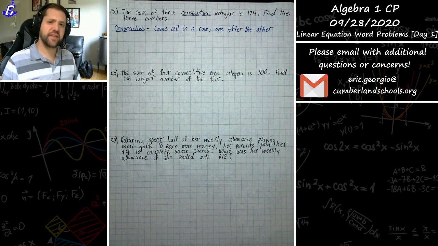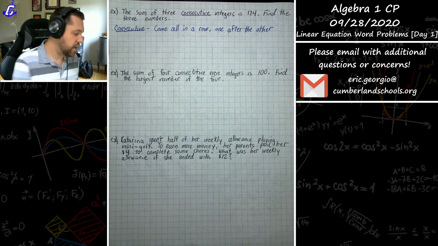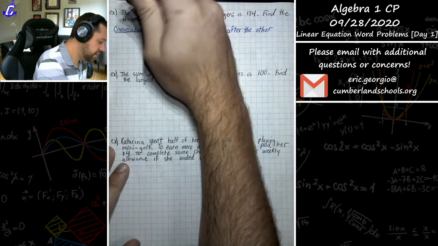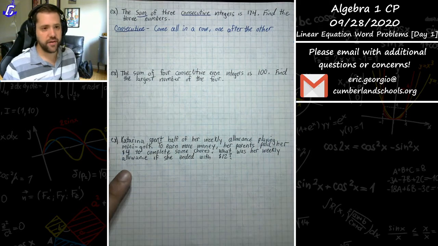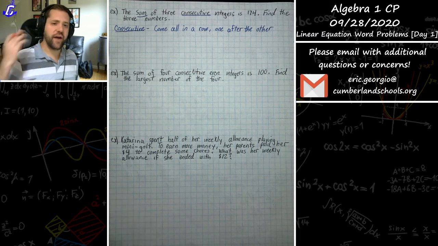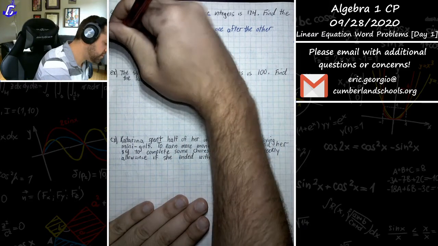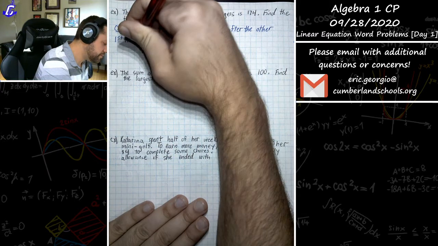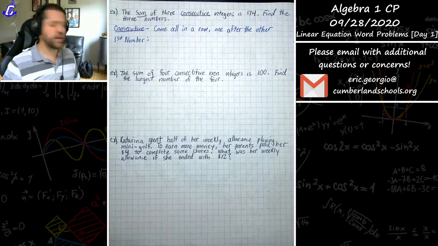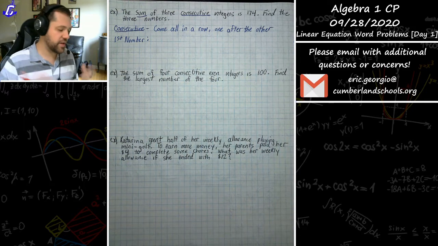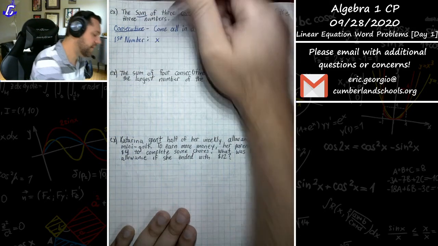How do we translate that, though, to an equation? Well, clearly, we're doing the sum, so we can add them all together. Let's think, though, of how to construct these 3 numbers. The first number, we don't really know where we're going to start. There's really no indication of what number we would start at, so I'm going to call my first number x.